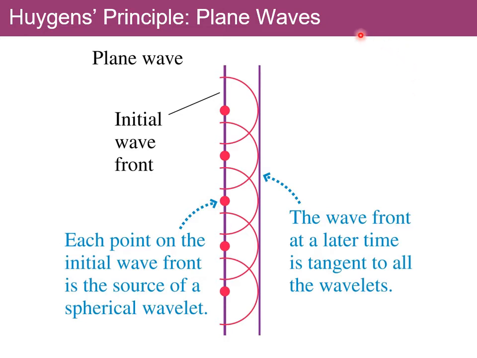Here, the new or later wavefront is the tangent to all of the wavelets. Since the wavelets all expand at the same speed in the medium, the new or later wavefront here is parallel to the initial wavefront.